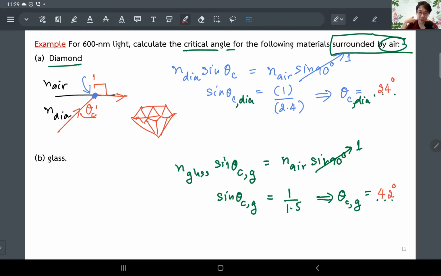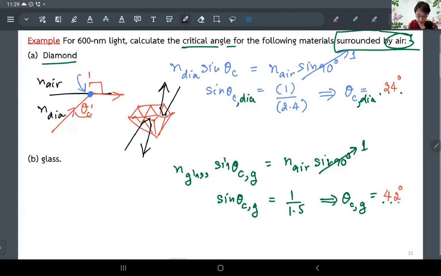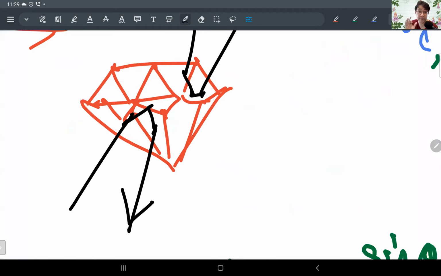I don't know if that is the right word or not. But the thing is, when the light tries to get into it, it's so easy for it to get back. When light hits here, it doesn't want to get out easily. It's trying to get back out here. This is also the reason why the diamond shape is very specific. If you look at the shape of diamonds around the world, they have pretty much the same shape.